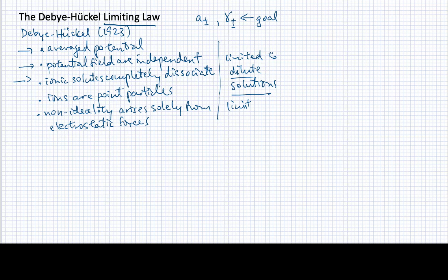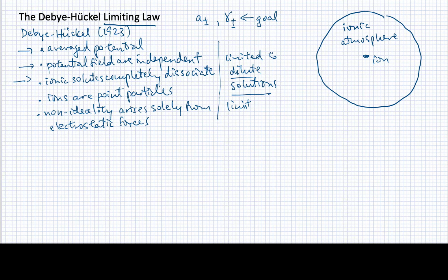All right, so what can we say about this? I'm not going to take you through a full derivation of it. I'm not sure that I could do a full derivation of it for you, but I want to talk about a few particulars. So we have a point particle here that is an ion. Part of what they are establishing is that this ion has some region around it in which it is exerting its electrostatic force. This region that it's prevalent in is going to be referred to as its ionic atmosphere.